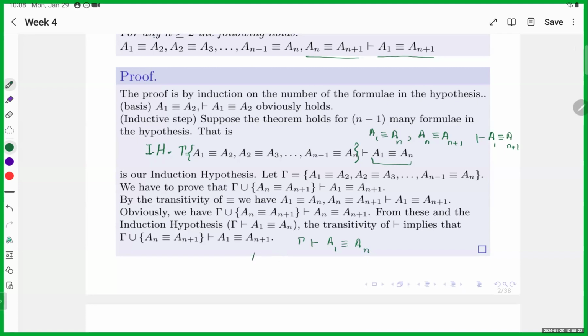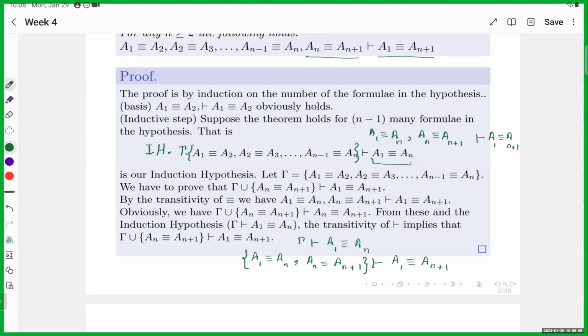And we know A1 is equivalent to AN, and the formula AN is equivalent to AN plus 1. Together, these two formulas, let me put them in a set, they prove A1 is equivalent to AN plus 1. This is the transitivity of bi-implication.